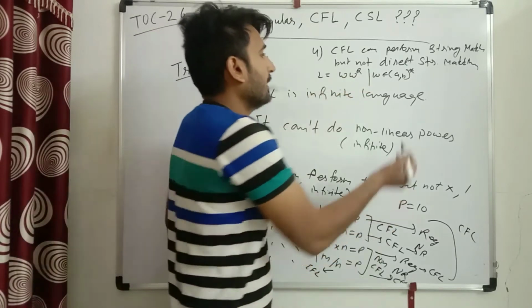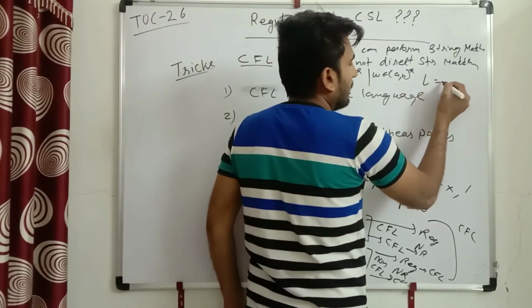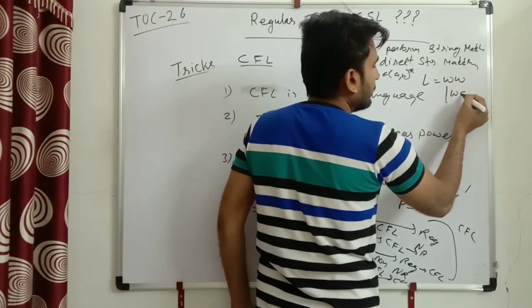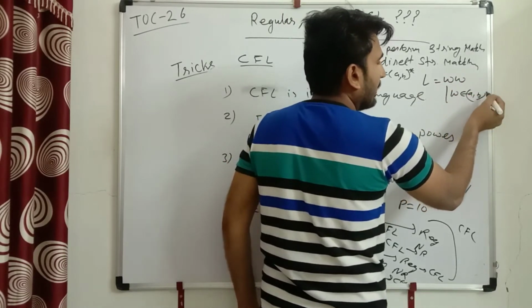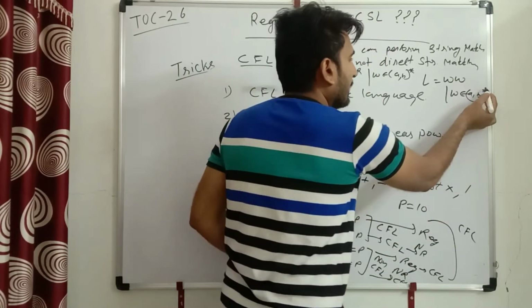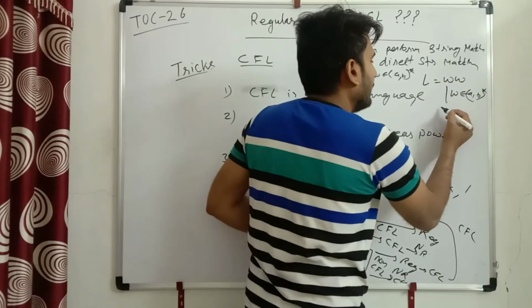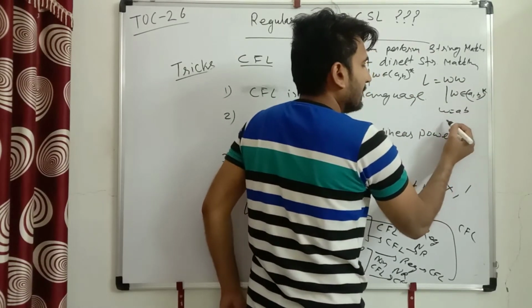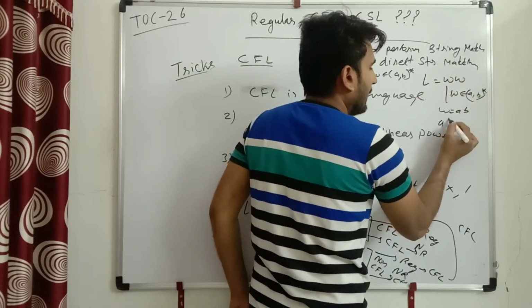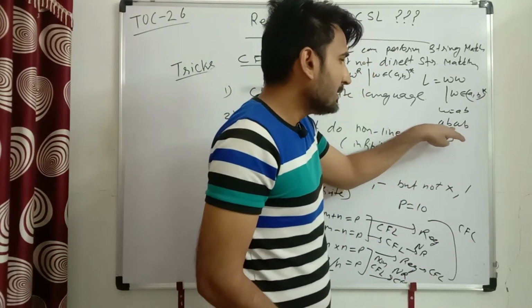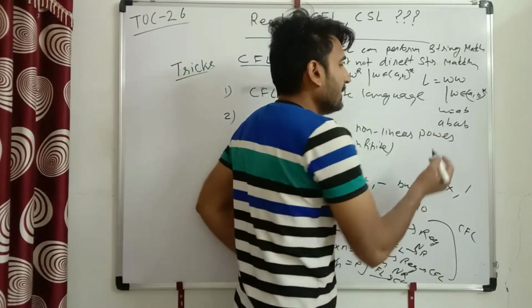Now the second example: W W, where W belongs to {a, b}*. This is the direct string matching. For example, if W equals AB, then the string will be AB and AB. This is direct string matching.